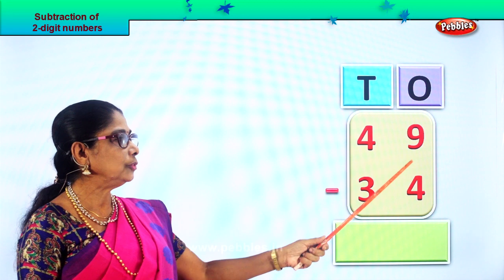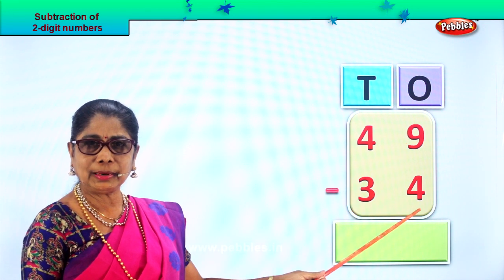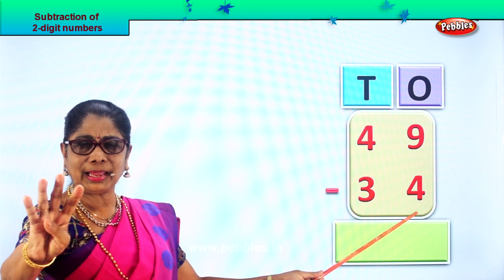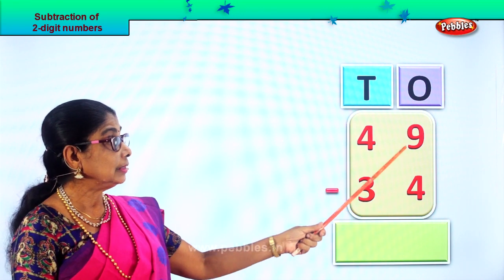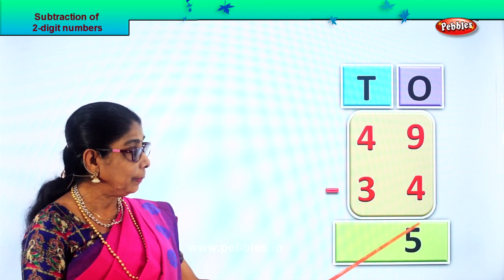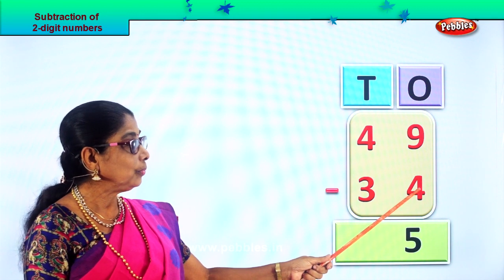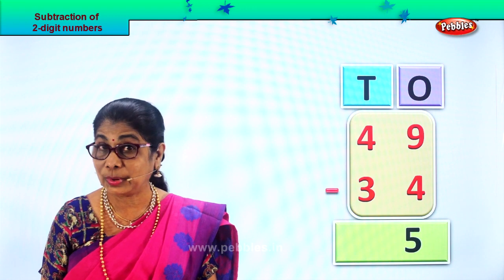So from 9 ones, you have to take away 4 ones. Count from 4 to make it up to 9: 4, 5, 6, 7, 8, 9. So your answer is 5. So 9 minus 4 is 5. 5 plus 4 is 9.